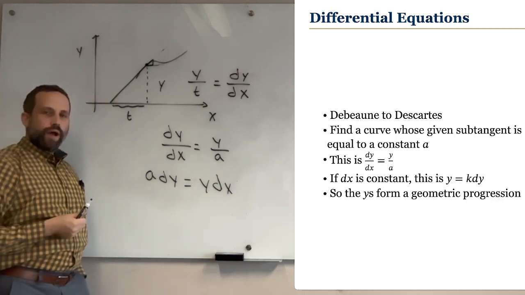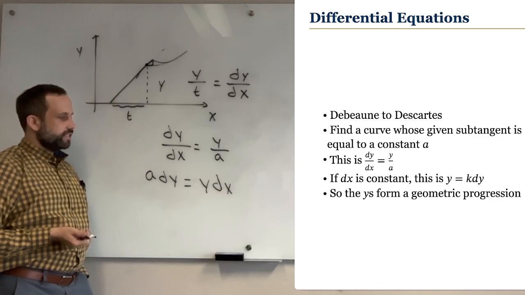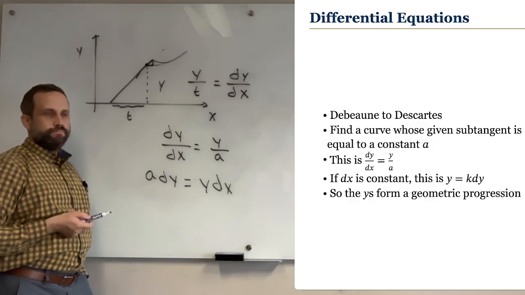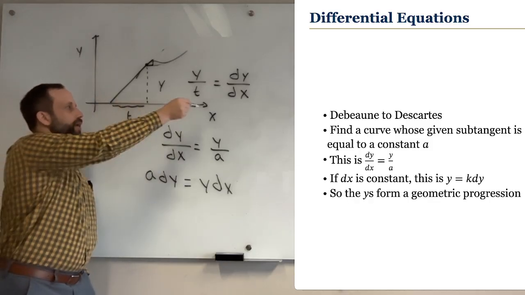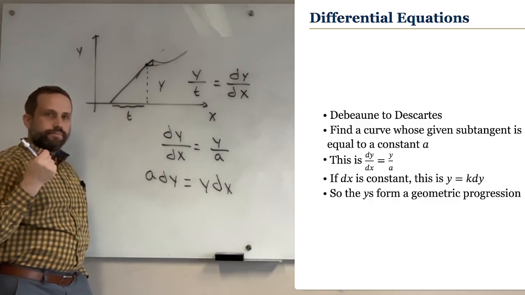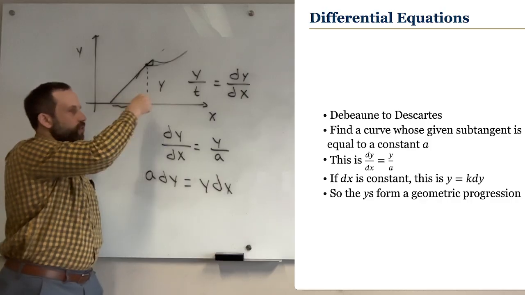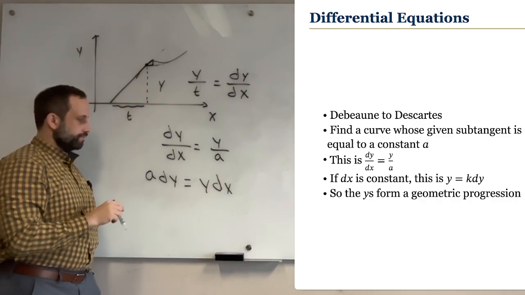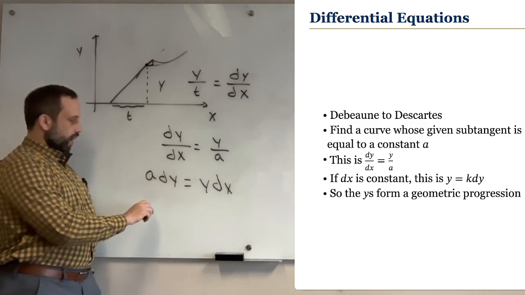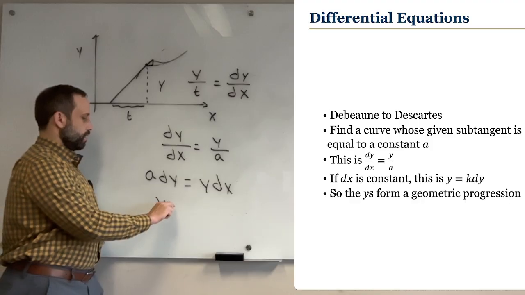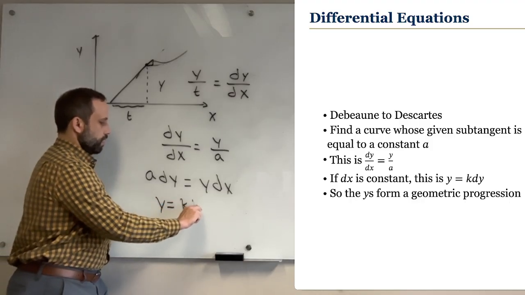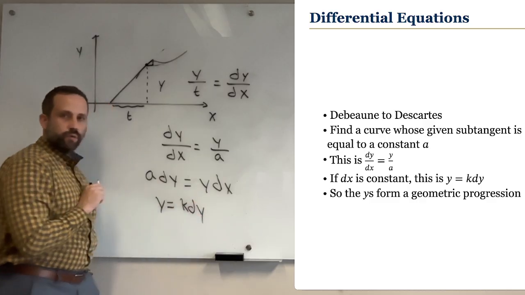Now what Leibniz does is say, okay, let's imagine that dx is a constant. So we're splitting up the x-axis into constant width subintervals here. Then we can write this as y is equal to k times dy.